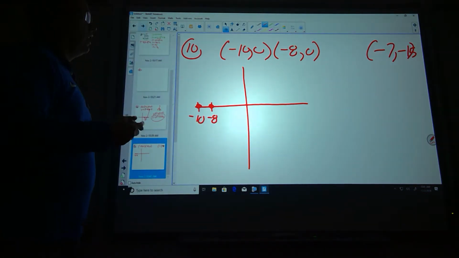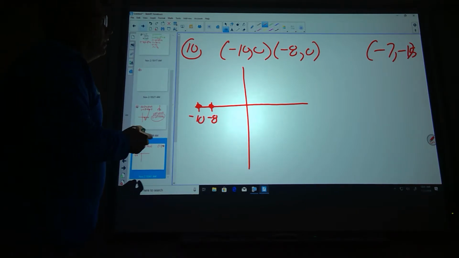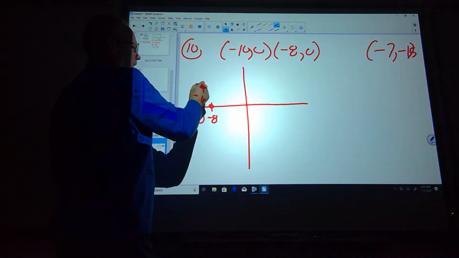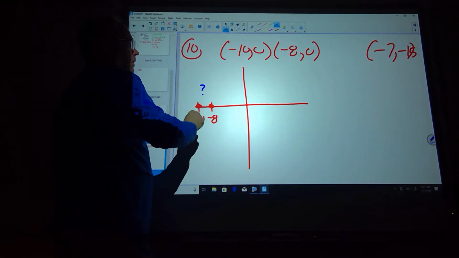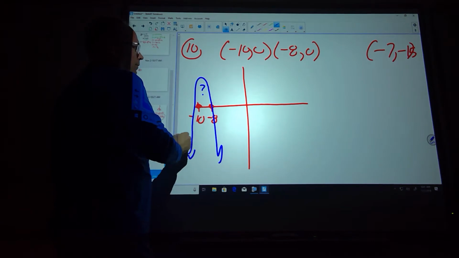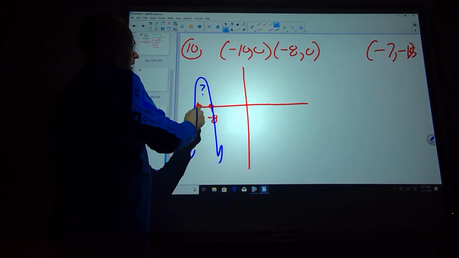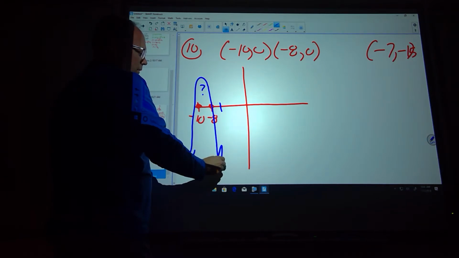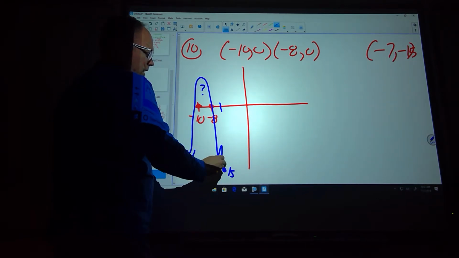The vertex is definitely right in between them. Let's figure this out. At negative 7, over here, I go down to negative 15.